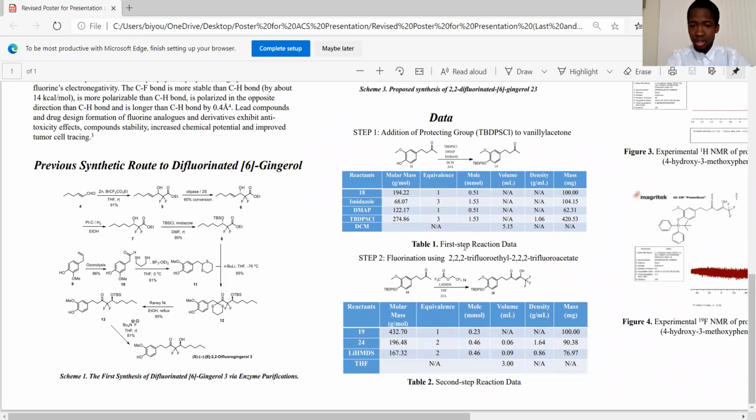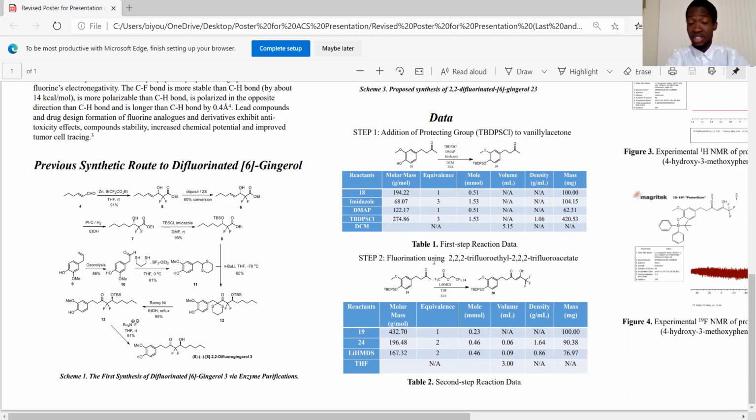In the second step, this starting material is actually the product of the first step, and it reacts with this base, LiHMDS, in the presence of this fluorinated compound, and this is what we refer to as fluorination.